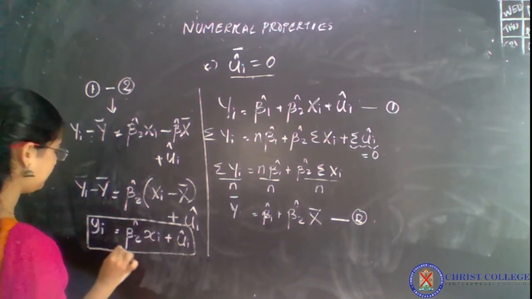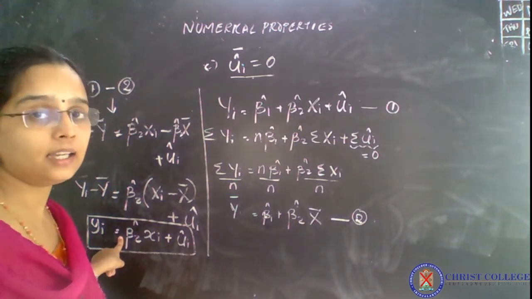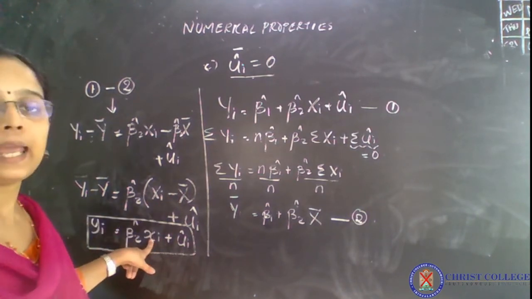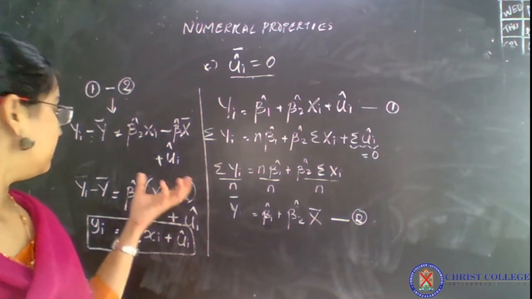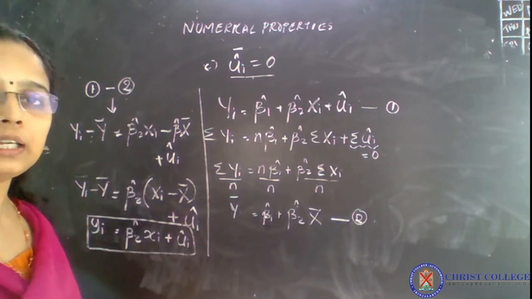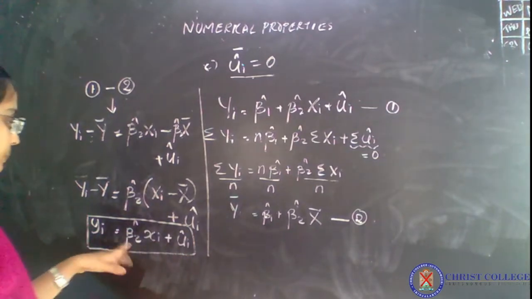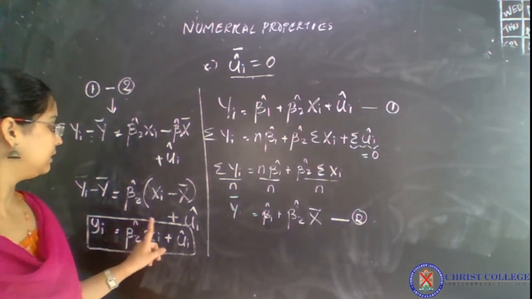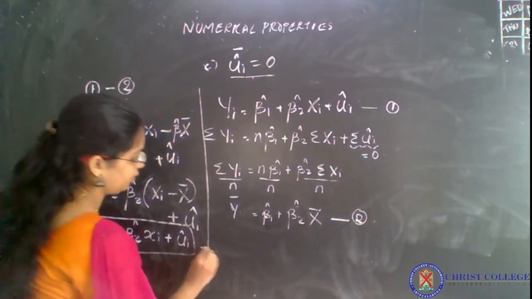This is the sample regression function in mean deviation form. Small letter xi and yi represent the deviation of actual y from the mean value of y and actual x from the mean value of x. So, this equation is the sample regression function in its mean deviation form.